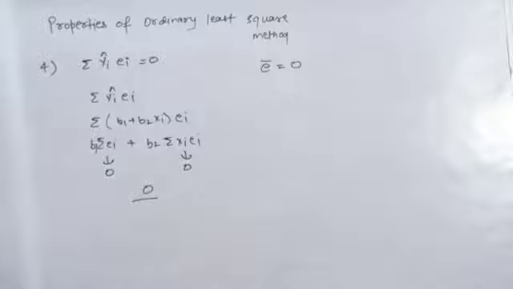Okay, so e bar was discussed in the second property: the mean of the residual is 0.